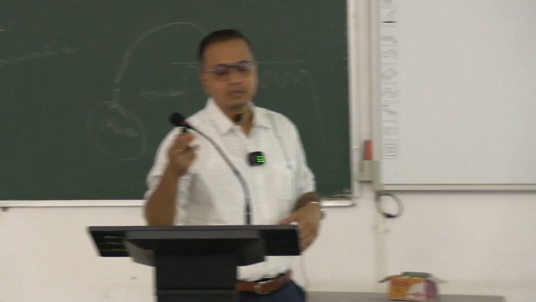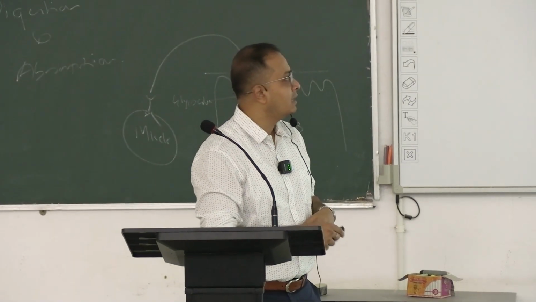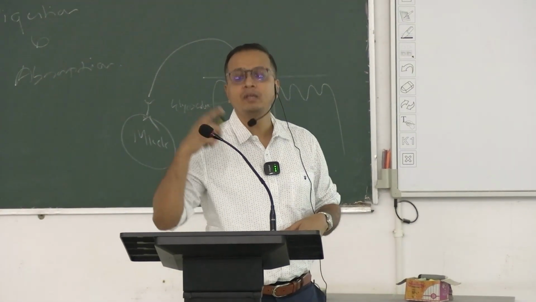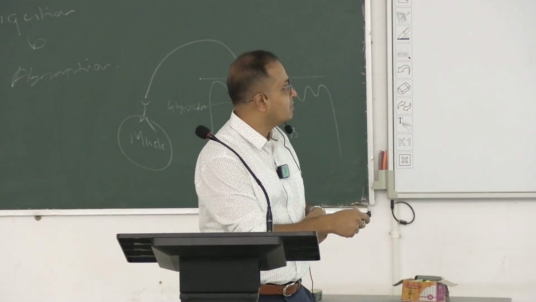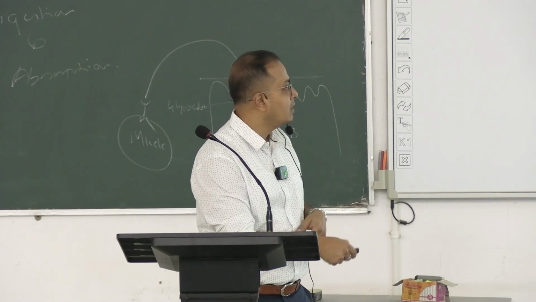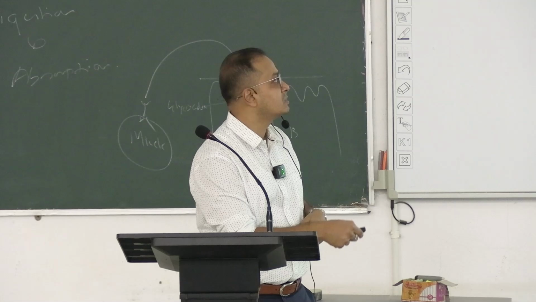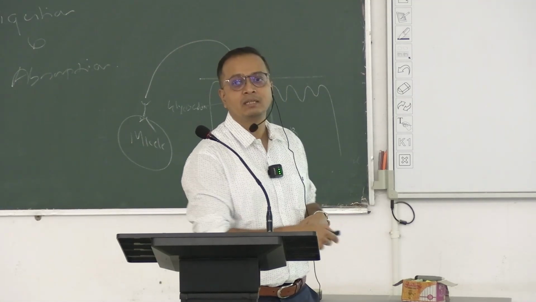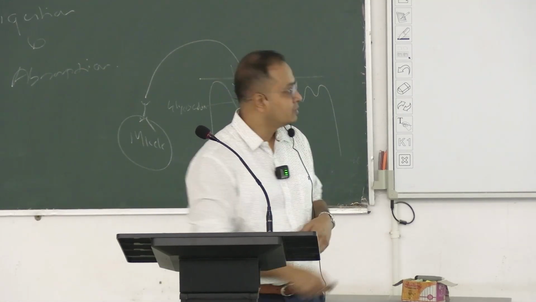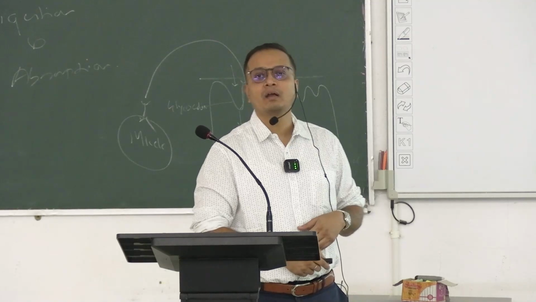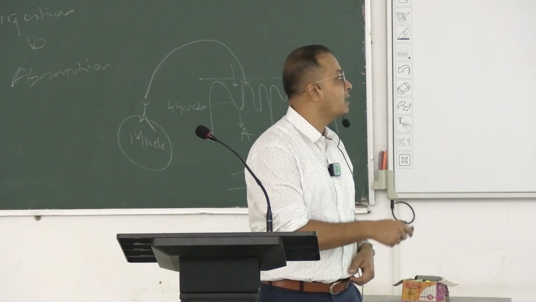Now, one peculiar feature about the vagus, on the right side and left side, is that it sends a recurrent branch. That means as the vagus goes down, it sends a branch which climbs up again and moves back to supply something it has forgotten to supply. These branches we call recurrent branches, meaning they are recurring back.